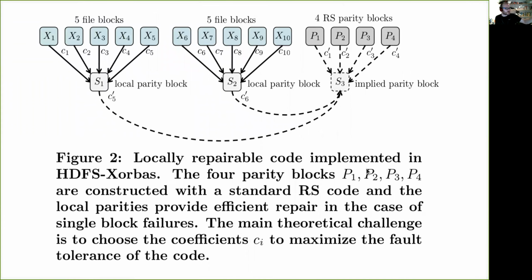If I lose x1, x2, x3, x4, or x5, I just look at S1 and I can recover, right? If I lose 2 of them, I need to go to the global parity. If I lose 3 of them, I need to go to the global parity. And of those 10, I can afford to lose 4 just based on the global parities, plus some extra from the local parities as well, because they're working in concert.